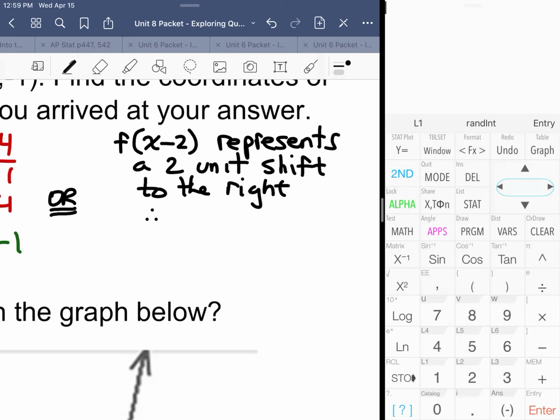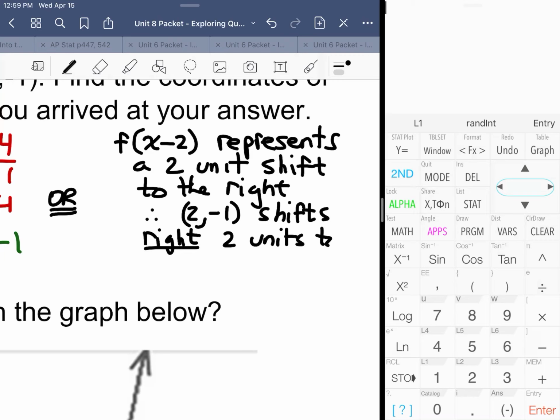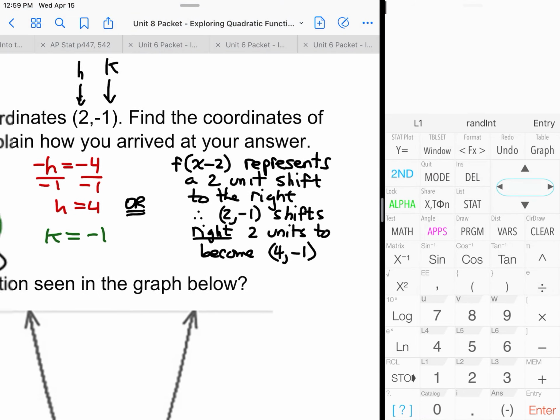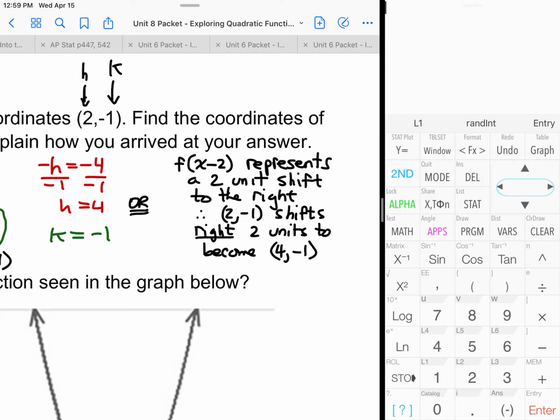Therefore, 3 dots in the form of a triangle means therefore, 2, -1 shifts right 2 units to become 4, -1. The benefit of this approach is any instance where it says just find the coordinates rather than find the function.